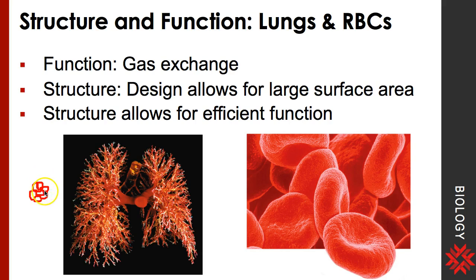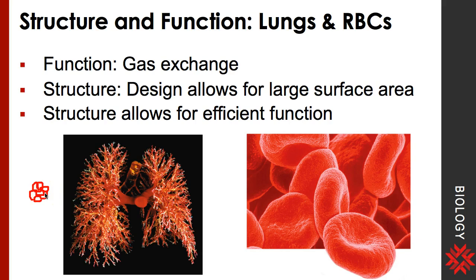Here we can see that there are lots of membranes surrounding the alveoli. The important aspect of that is that the more membrane, the more surface area there is, the more location there is for gas exchange to be able to occur.